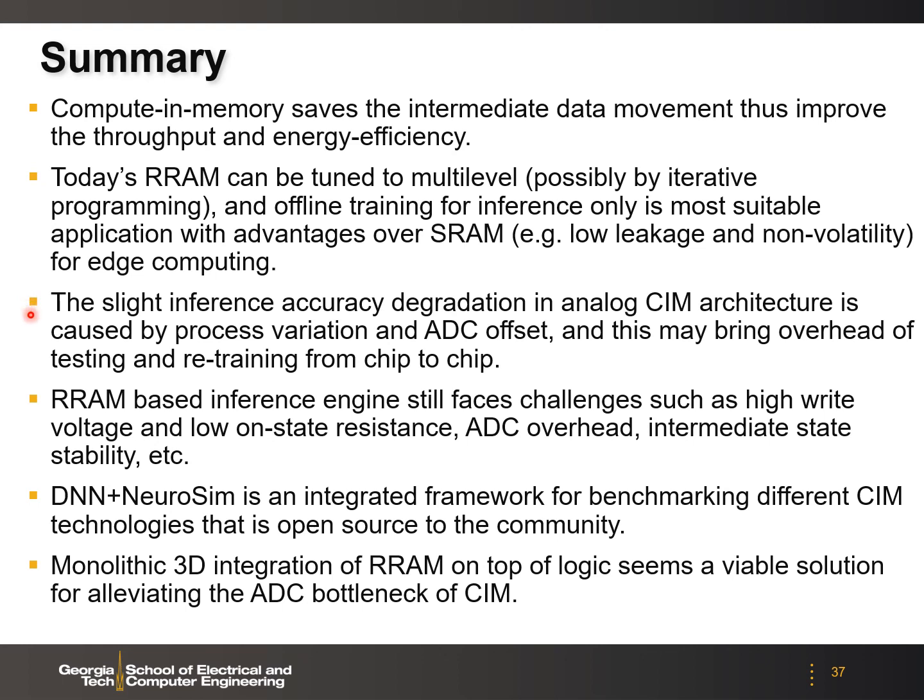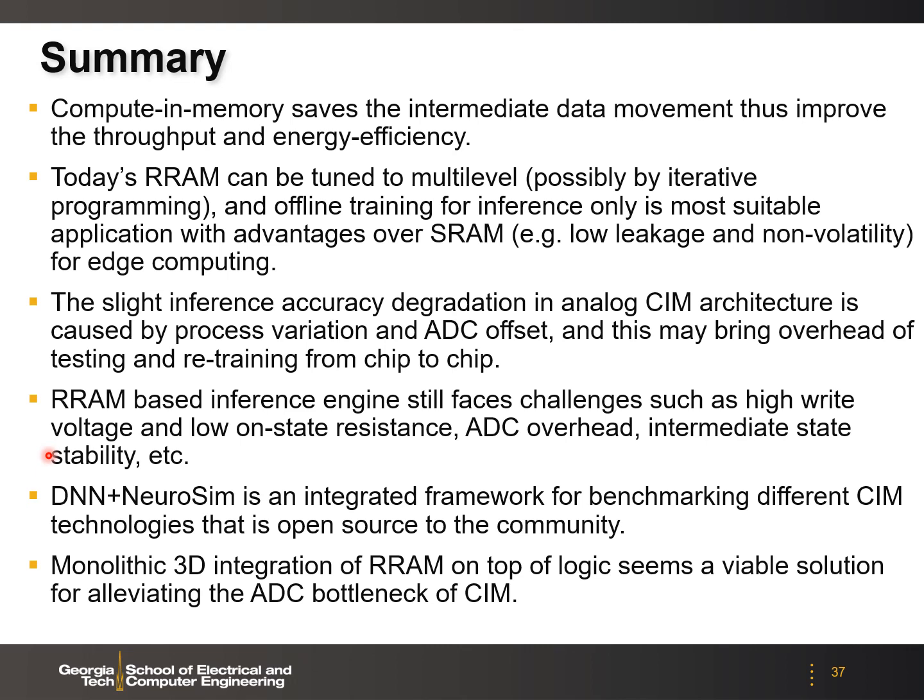The slight inference accuracy degradation in the end compute is caused by the process variation, in particular the ADC offsets. This may bring the overhead of retraining from chip to chip in the testing phase. RRAM-based design still faces challenges such as the high write voltage, low on-state resistance, ADC overhead, intermediate state instability, and so on.